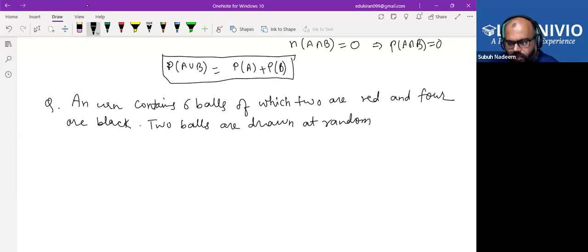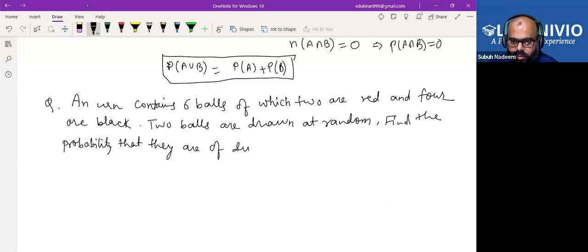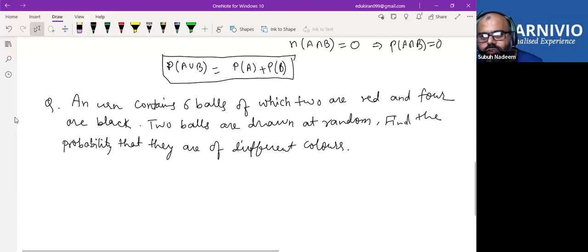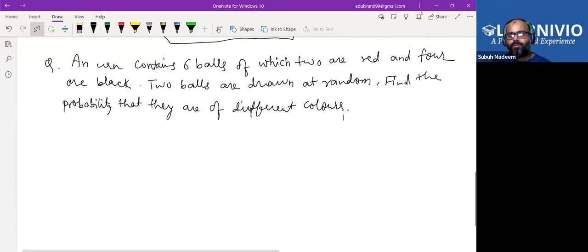The probability that they are of different colors. Let's try this one. Okay, sir. You may also have to use the permutation and combination formula.